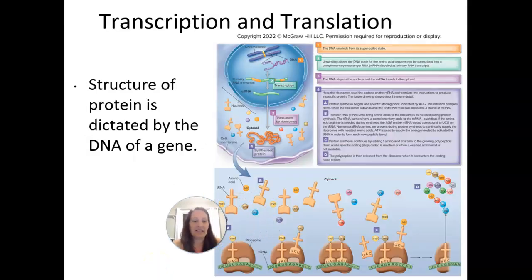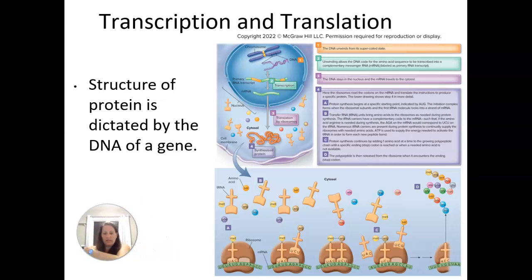But how is this dictated? And so this is a nice figure from your textbook that really sums up the process of protein synthesis. Okay? And so we're going to go from what's coded for in a gene, so the genetic message, the sequence of bases in a gene. And that's going to then be translated eventually into the sequence of amino acids in a protein.